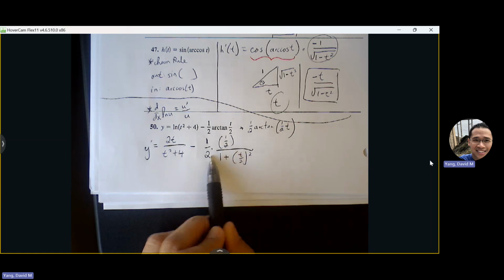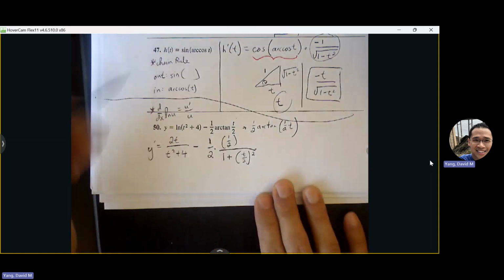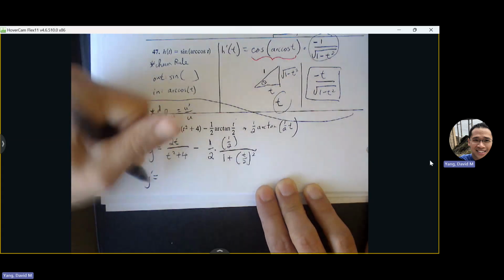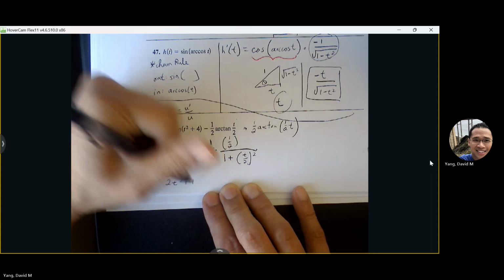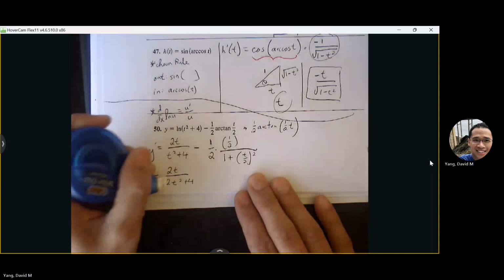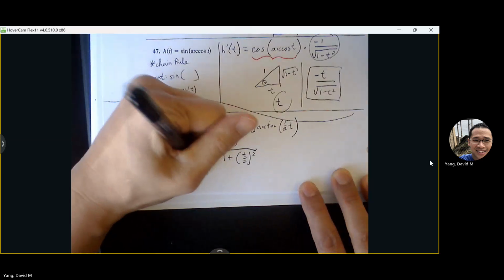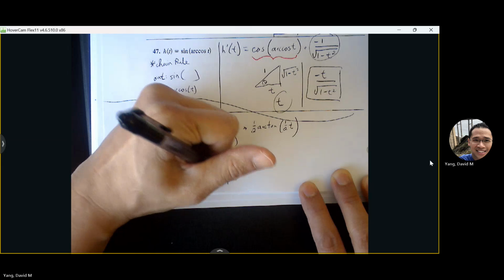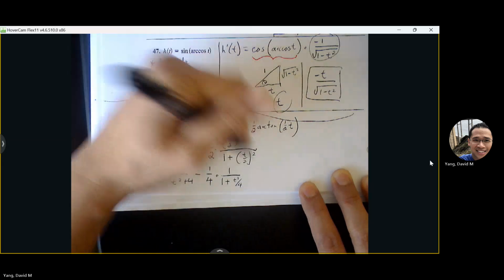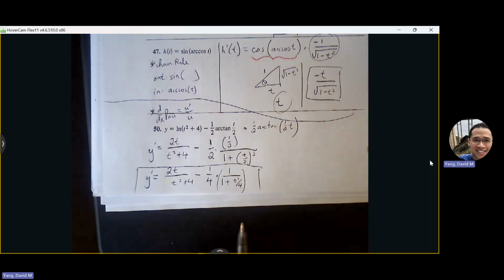So I can make this 1/4, and then we don't have to undo the complex fractions. So let me just write out what I have. t squared plus 4. So some variation of this is good enough.